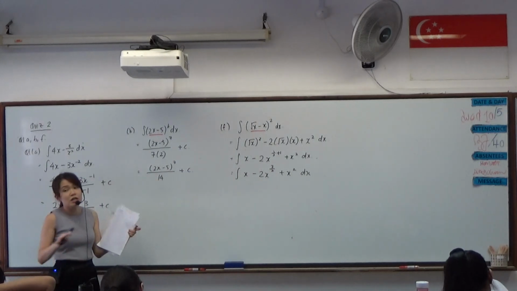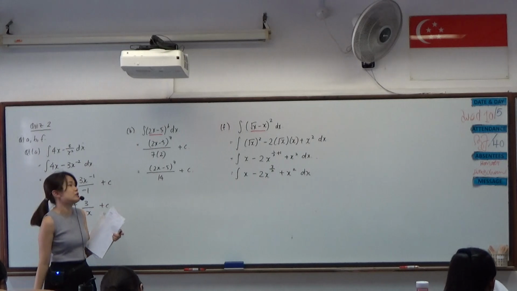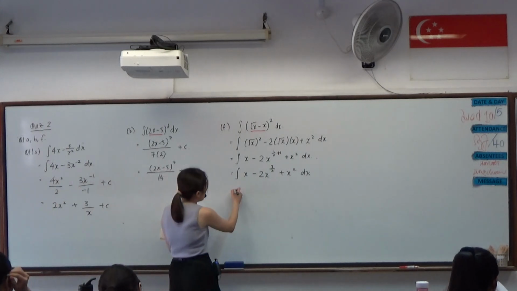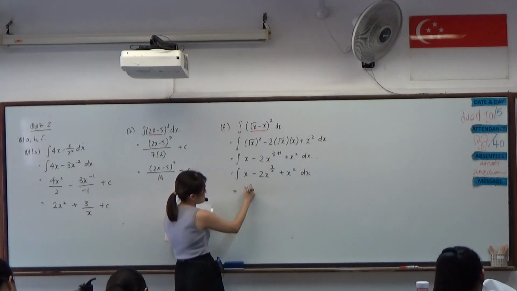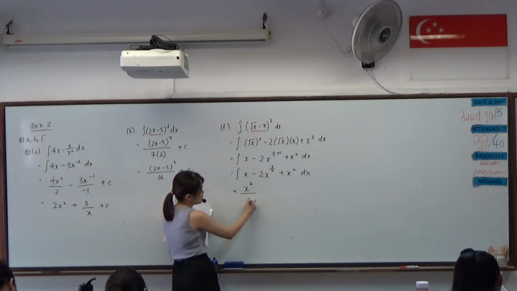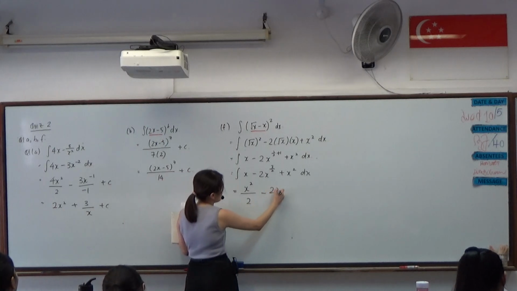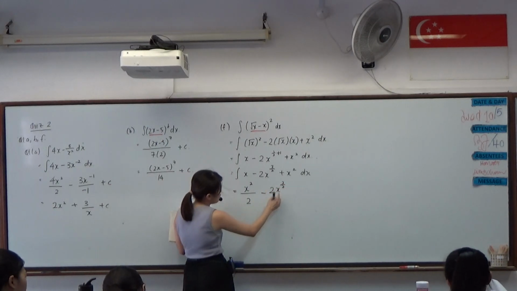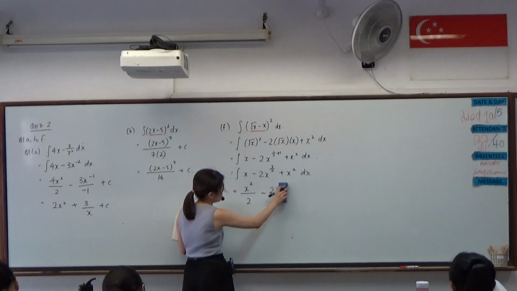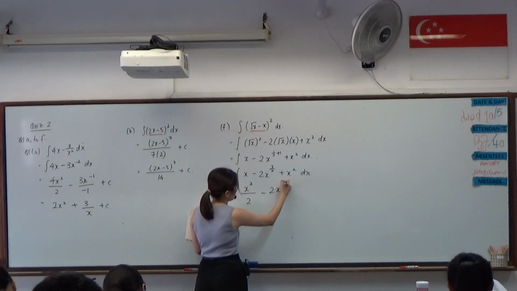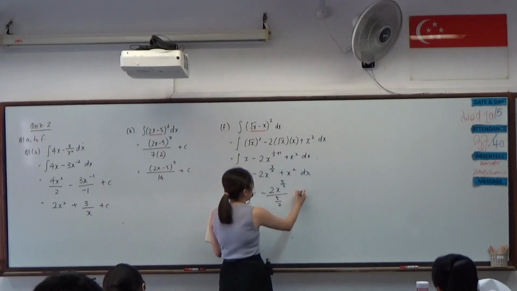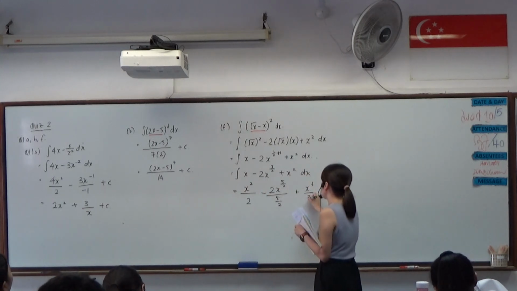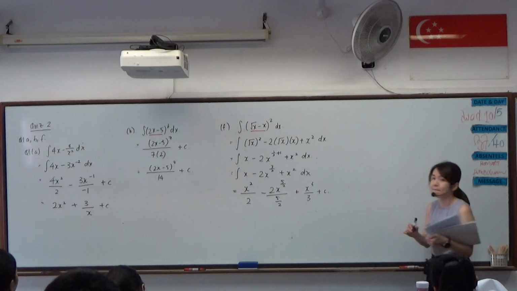At this juncture, I have not yet done any form of integration. Then I proceed to integrate now. So x, the power plus 1 becomes 2, divided by 2, minus away. This one, 3 over 2 plus 1 becomes 5 over 2, divided by 5 over 2, plus x cubed over 3 plus c.